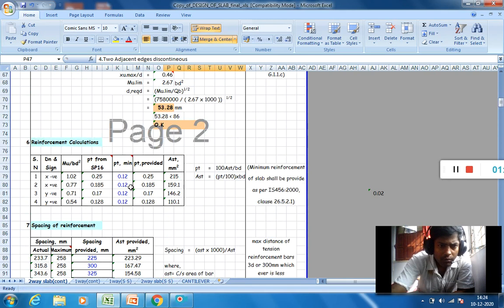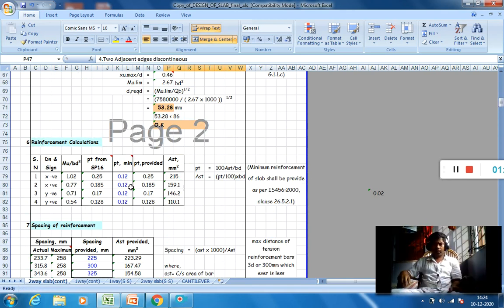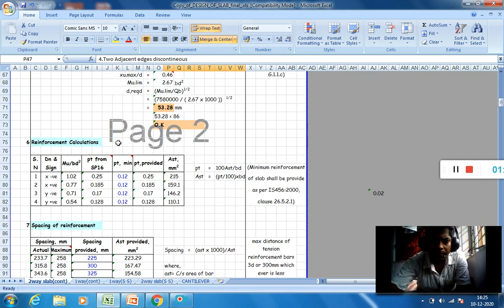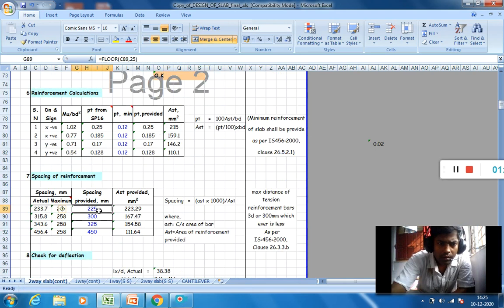Similarly the reinforcement also comes, using the formula. All the provisions are given.